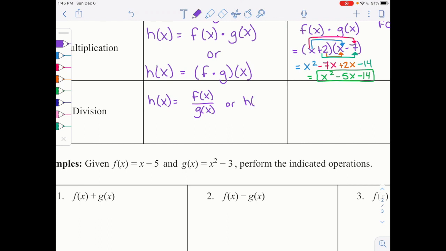You might also see it as this notation, f over g of x, same thing. What's not the same is if you switch it upside down, right? 2 divided by 4 is not the same as 4 divided by 2. So you could also have g of x in the numerator and f of x in the denominator.